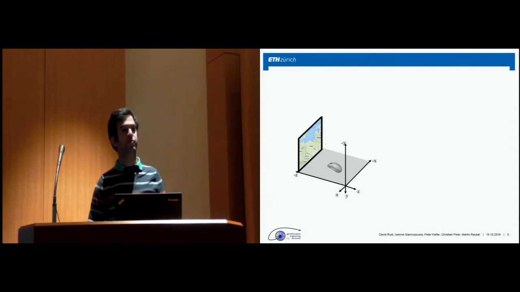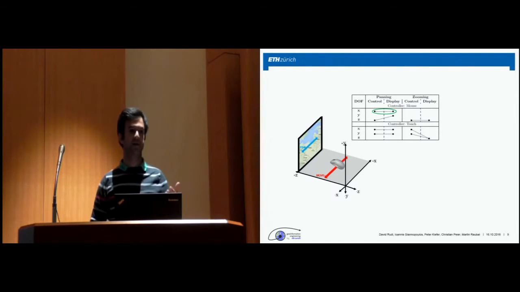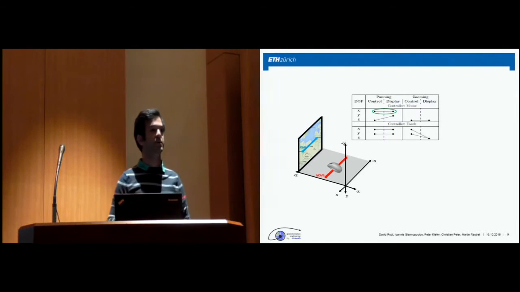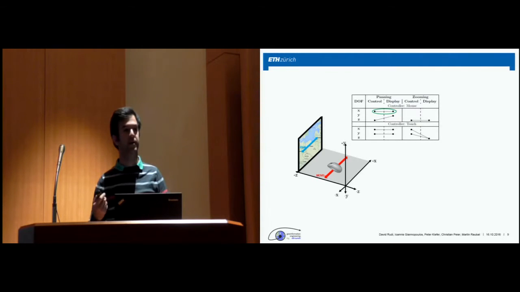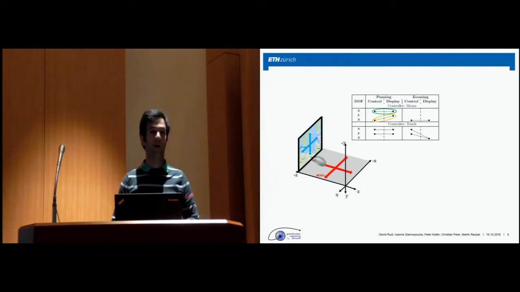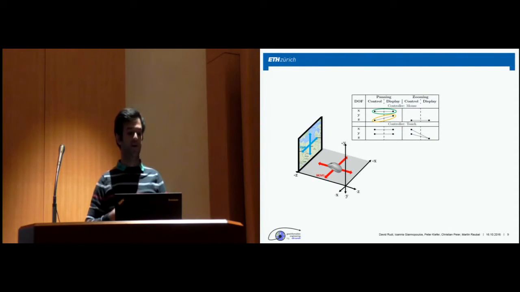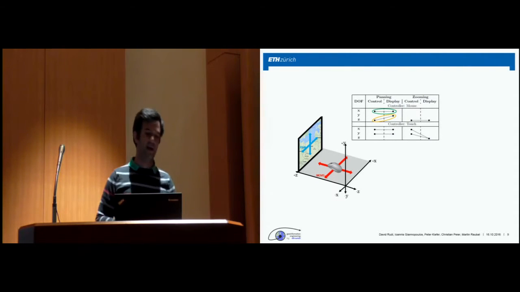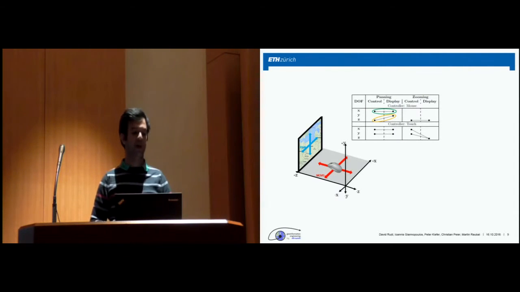So if I would move my mouse along the x-axis, that would correspond to movements along the same axis on the display. If I would move my mouse forward and backward, along what we call in this case the z-axis, then the mouse is actually moving up and down along the y-axis.